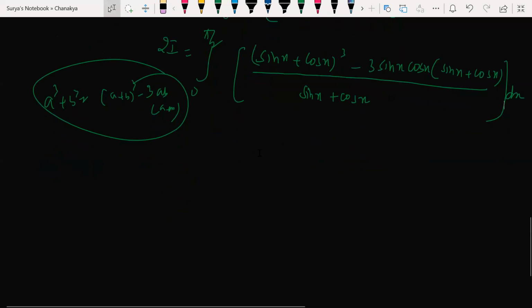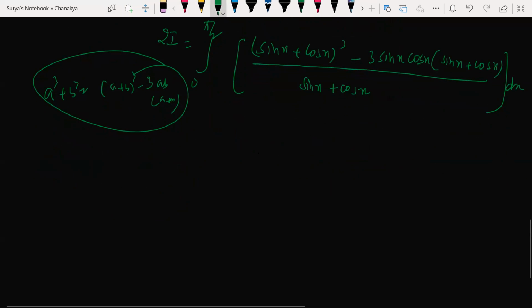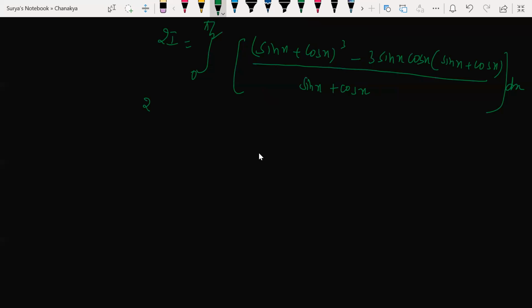Sin x plus cos x. Okay. Now, very simple. Look at this, everyone. After this, very, very simple, you can make this 2I is equal to integral 0 to pi by 2. You can split this. What are you going to get? Sin x plus cos x whole square minus 3 sin x cos x dx.